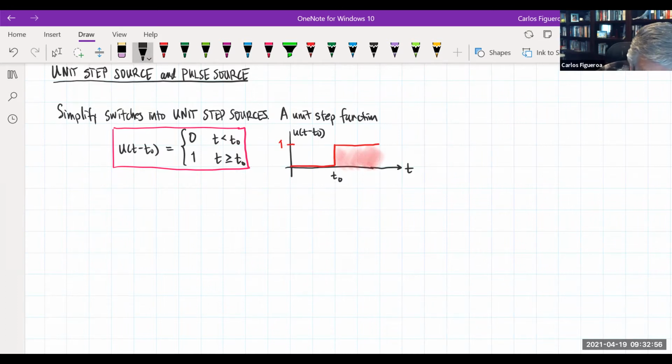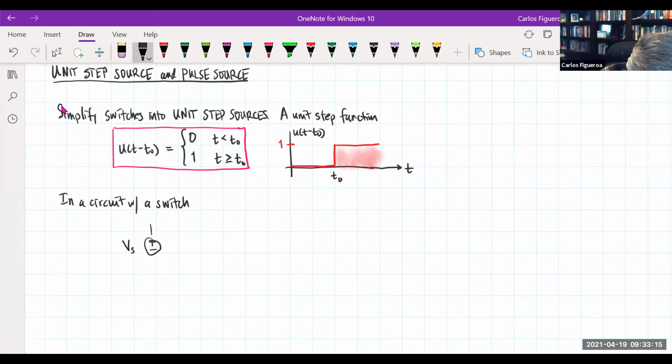So, in a circuit with a switch, in other words, we have a voltage source that looks like this.